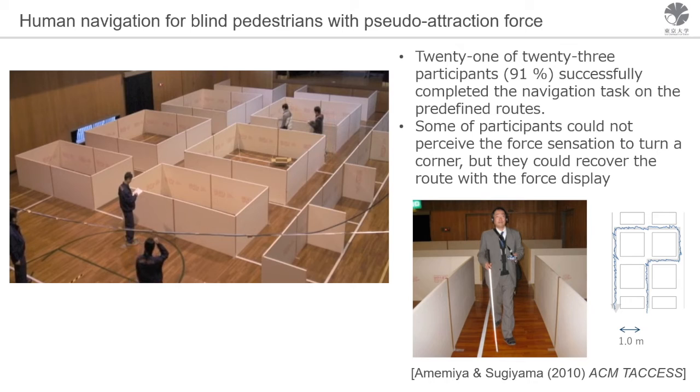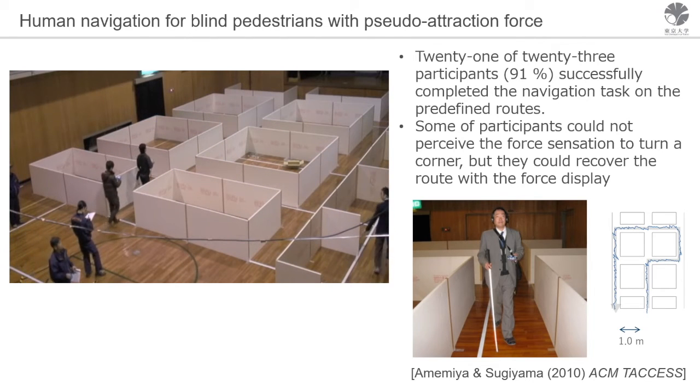So this movie showed the experiment in the gymnasium, and the checkerboard-shaped maze, which was built as it looks like Kyoto city's roadmap.